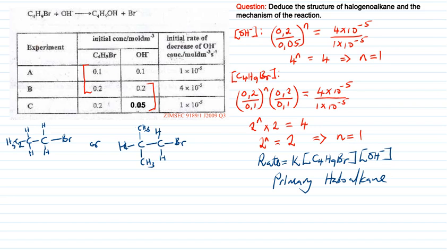So we can have either of these structures. Then for the mechanism, it undergoes what? SN2. So we can proceed via SN2.